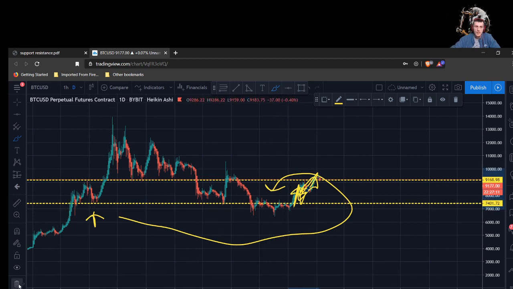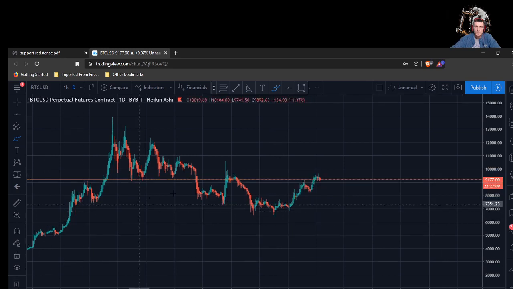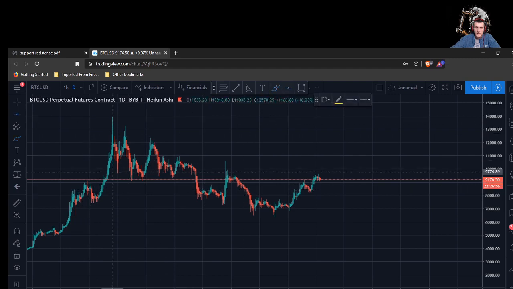Okay? Old resistance will become new support. So for example, we had resistance here, we had resistance through here. Get our line.